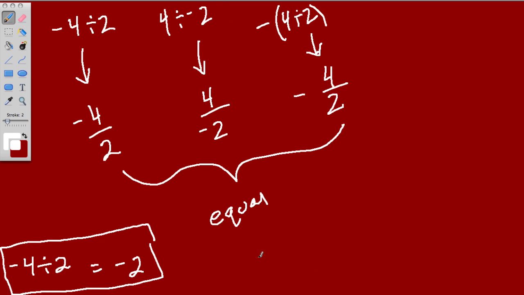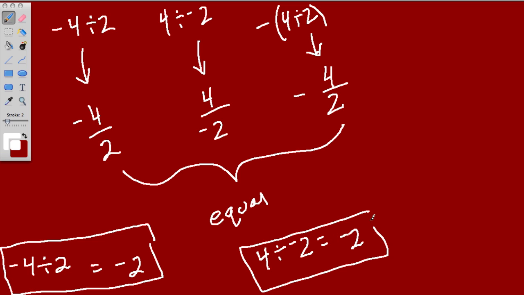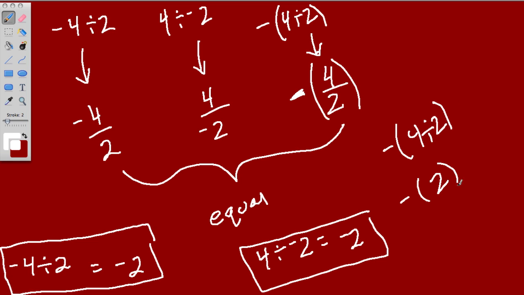In our second case, 4 divided by negative 2, well, that's also negative 2. So far, okay. In our third case, remember the parentheses is established because we have one negative sign sitting out in the middle, which kind of means that we have 4 divided by 2, and then we apply the negative sign. So 4 divided by 2 is 2. That's in our parentheses.